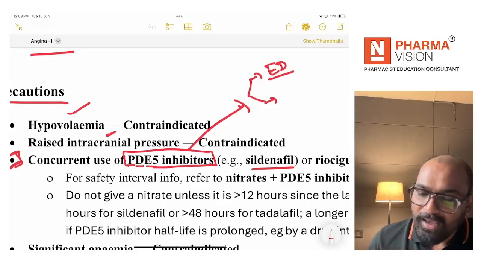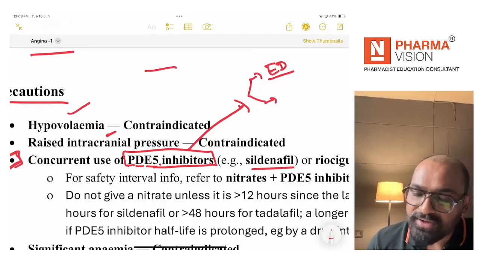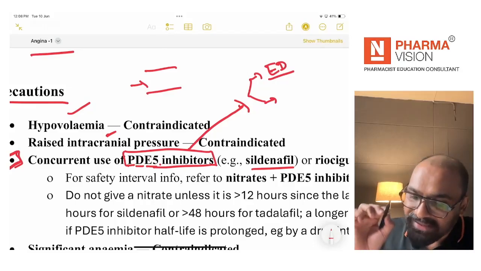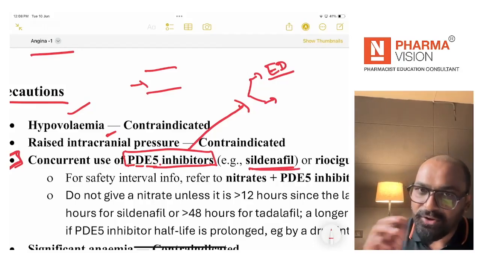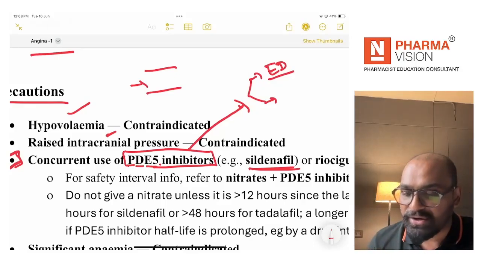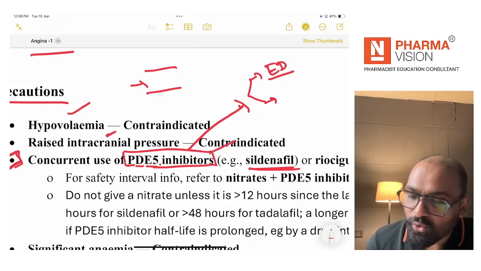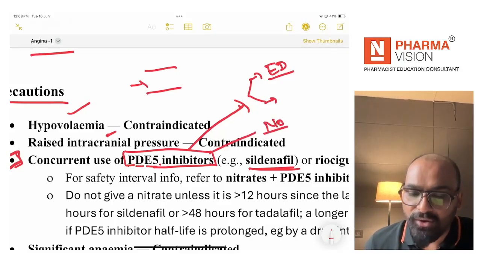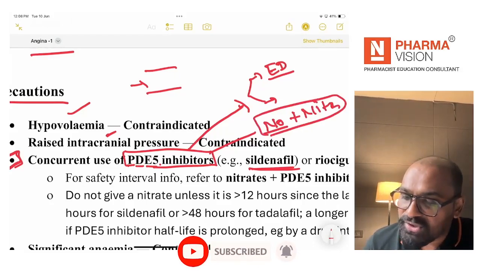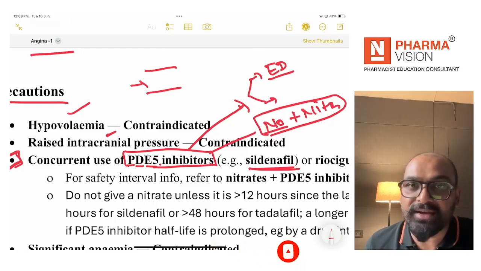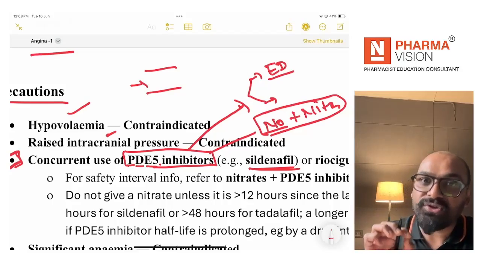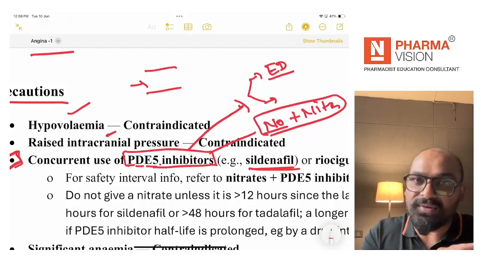Similar medications like sildenafil are also used for pulmonary hypertension as vasodilators. This mechanism is mediated through nitric oxide, and nitrates also act through nitric oxide. So if the patient takes this combination, it can cause severe hypotension, and the patient is going to experience severe side effects.